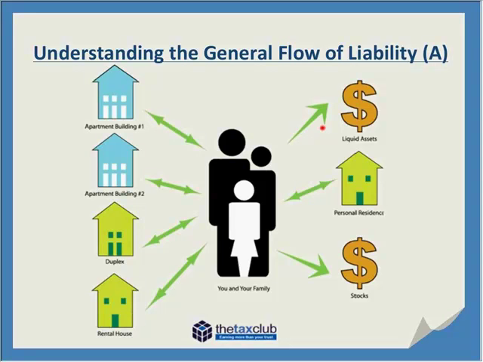So you have to understand, as you can see from these green arrows, that liability can come from many directions. Liability can arise from the family, and from there it can go into the assets. What does that mean? As an example, let's pretend Bob, I don't want to offend the Bobs out there, was driving and accidentally rear-ended someone on a rainy day.